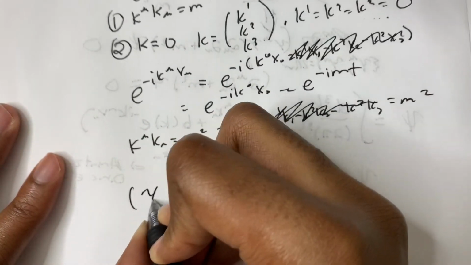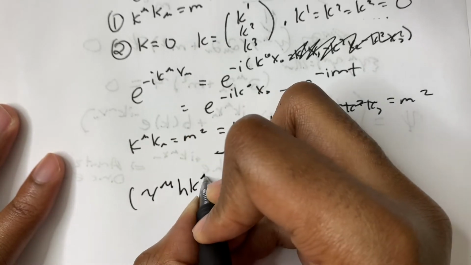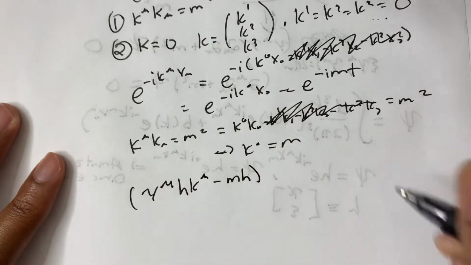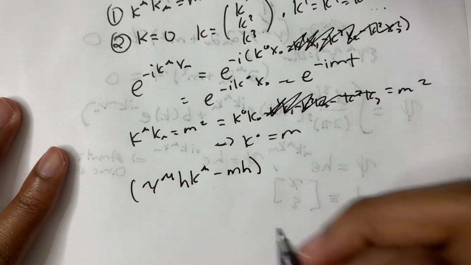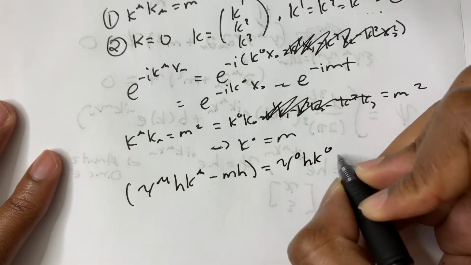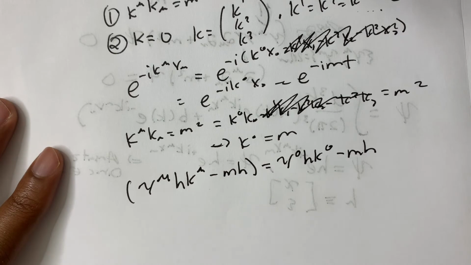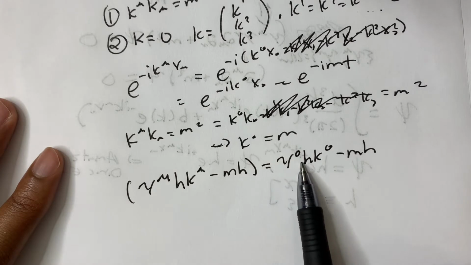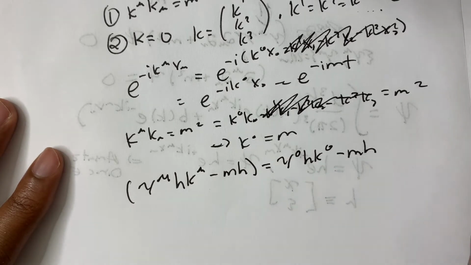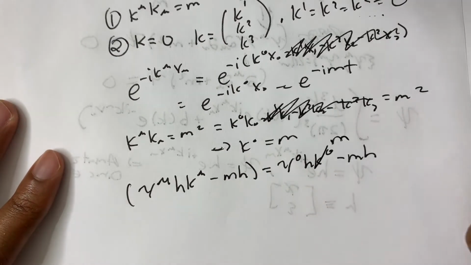Alright, and we can also simplify this term as well. So you have i gamma mu h k mu minus m h. This simplifies to gamma naught h k naught minus m h. Again, because when we expand this, the other k terms are 0. Now remember that k naught is actually equal to m, so this becomes m.